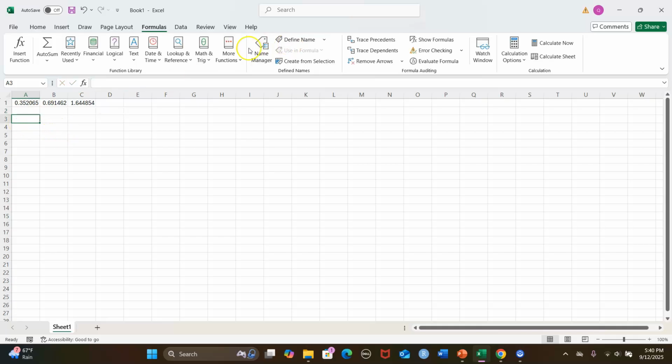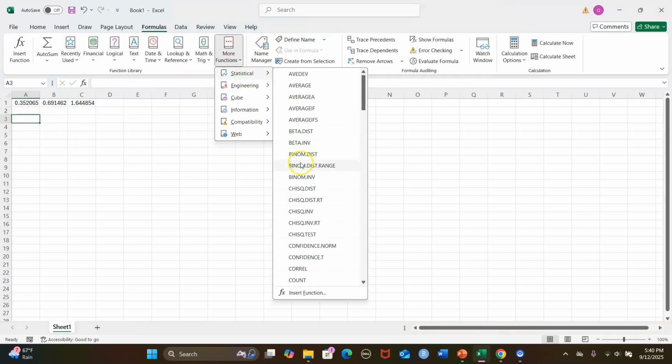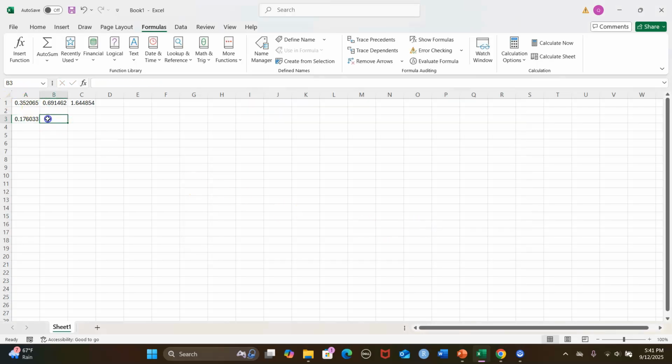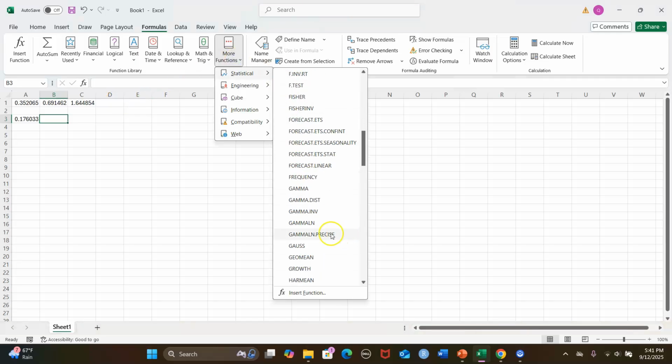Let me try another cell. NORM.DIST is a 2 and mean 1. Standard deviation 2. This is a false. And it actually gave you a number there. Okay, I don't know what happened there, but it's 0.176.